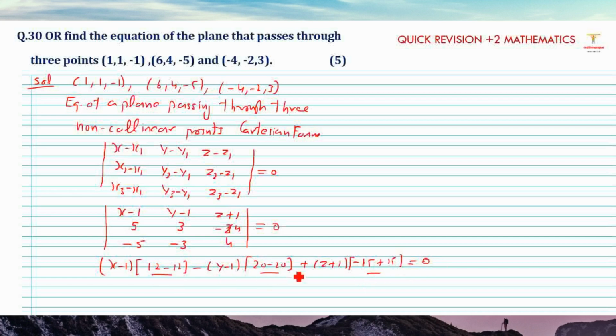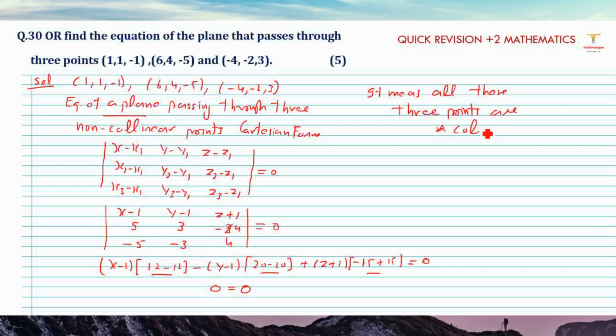Now children, you are not getting any plane here. Why did this thing happen? It means all these 3 points are collinear.